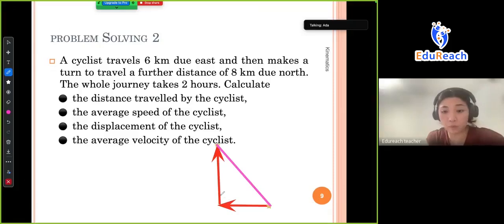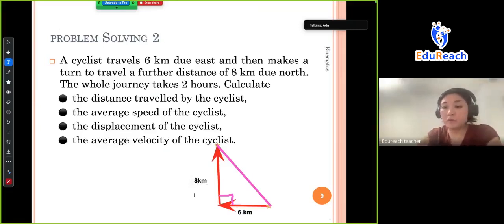Now, how do we calculate this pink line then? Because he goes east and then immediately up north, we are forming a right angle triangle. If you remember Pythagoras theorem, a square plus b square equals c square. So this is 6 kilometers, and this here is 8 kilometers.